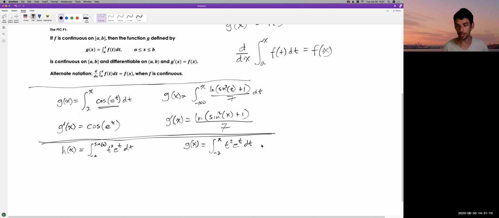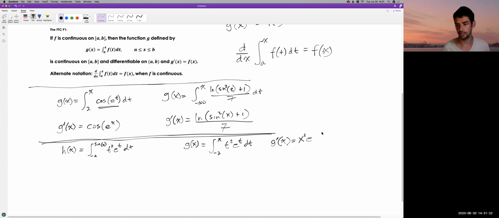Right? And we know from the fundamental theorem of calculus part 1 that g prime of x is equal to x squared e to the x.